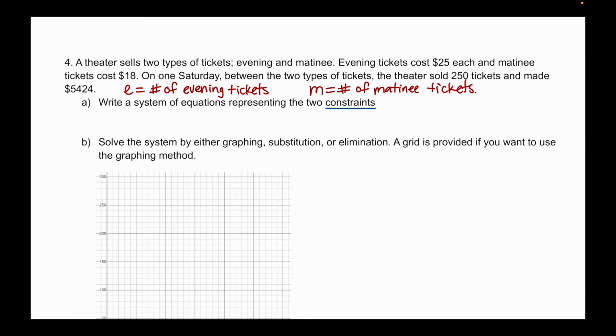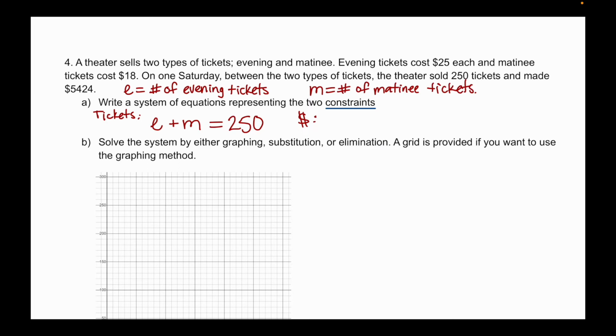Okay, so now if we're writing a system of equations, we're going to write one based on the amount of tickets and one based on the amount of money. So if it's just the amount of tickets, that equation would be like evening plus matinee. And since these are both amounts of tickets, this is equal to 250 because they sold 250 altogether. Now, if I'm making one on money, I should be including those prices.